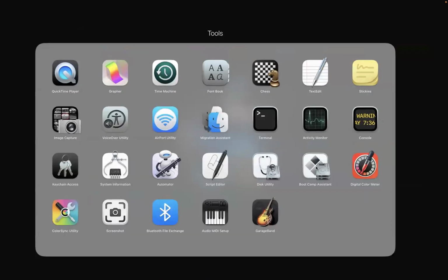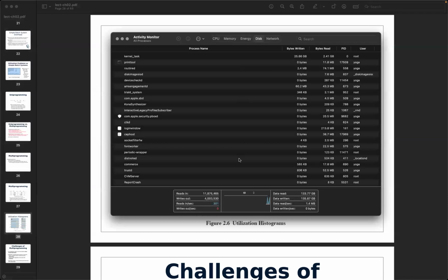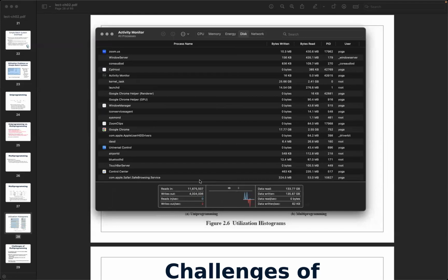Let me show you the Activity Monitor. If you look here, right now I have all the applications, the processes executing.